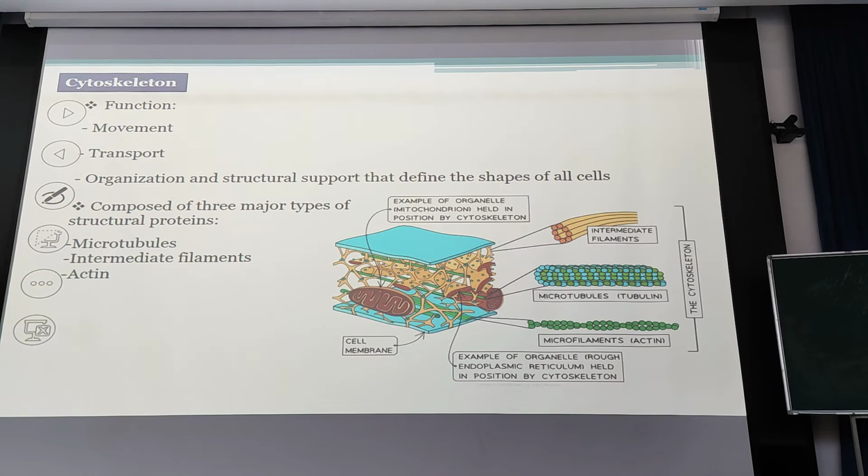So, what are the cytoskeletons? There are three functions of the cytoskeletons. The first is the movement of the vesicles, the chromosomes, and of the moving cells inside our bodies. Second, they transport vesicles and compounds from one area to other destinations at the right time and the right place.